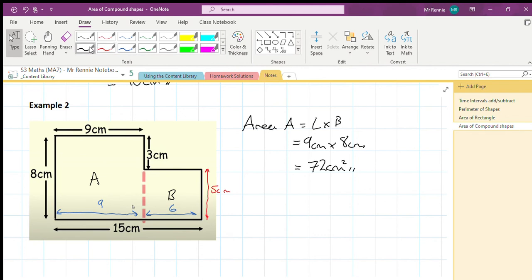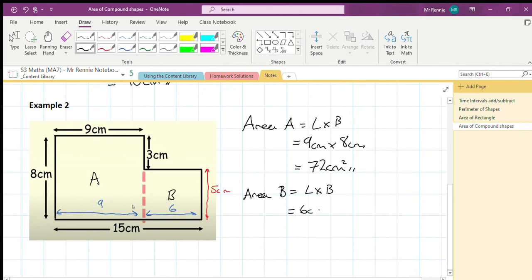So those are the two sizes I need for shape B. Length times breadth again. That's going to be 6 centimeters times 5 centimeters, which gives me 30 centimeters squared. So we found the area of both.